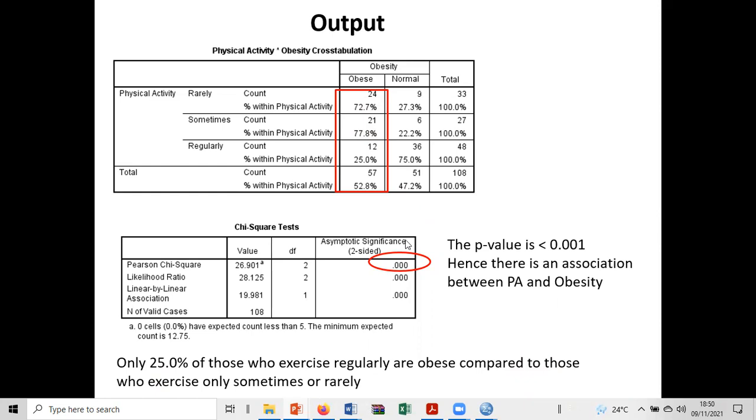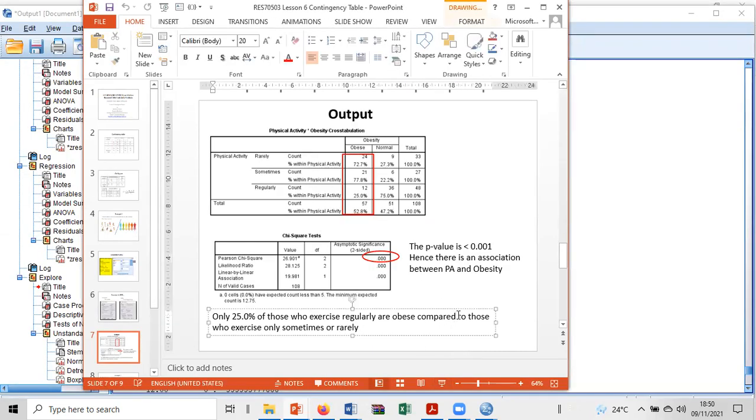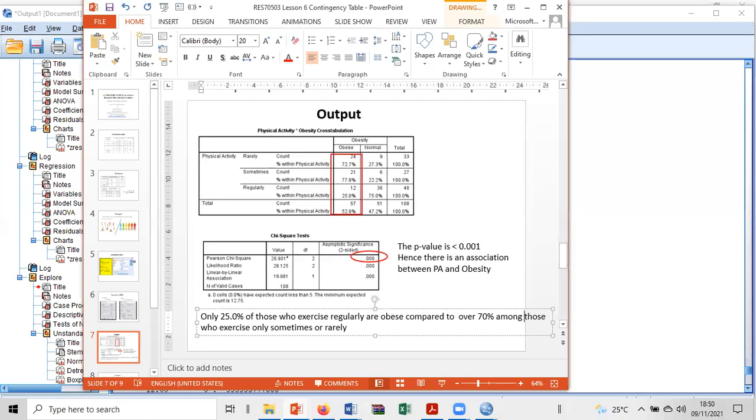Okay, this part is incomplete in the recording.